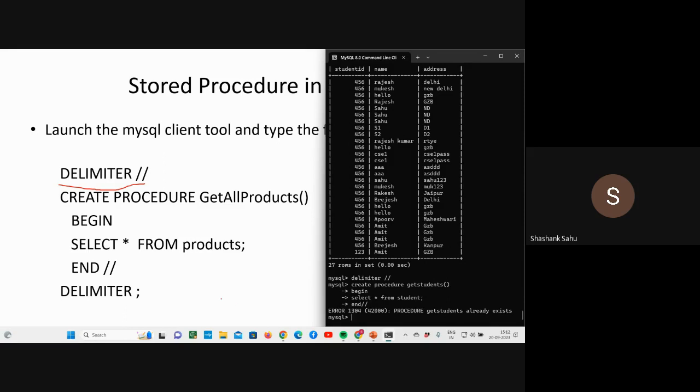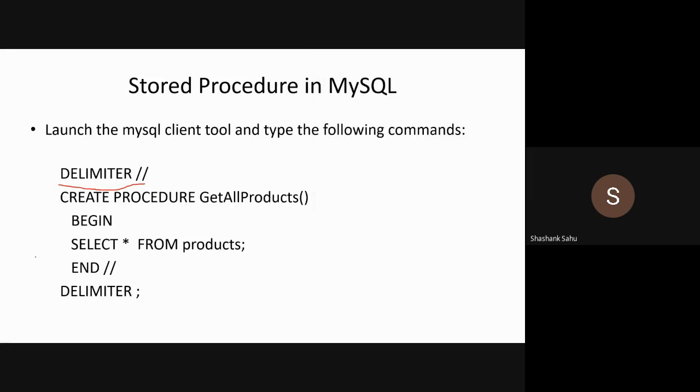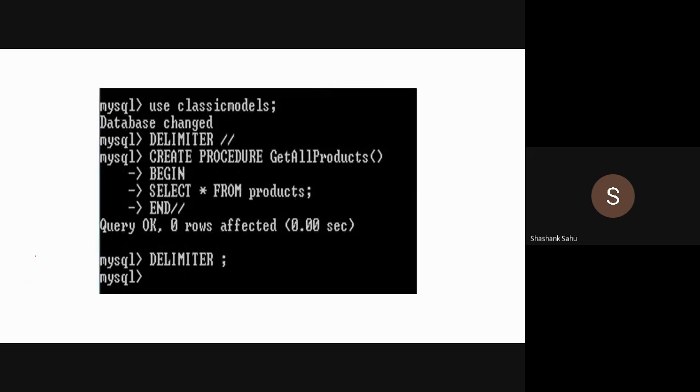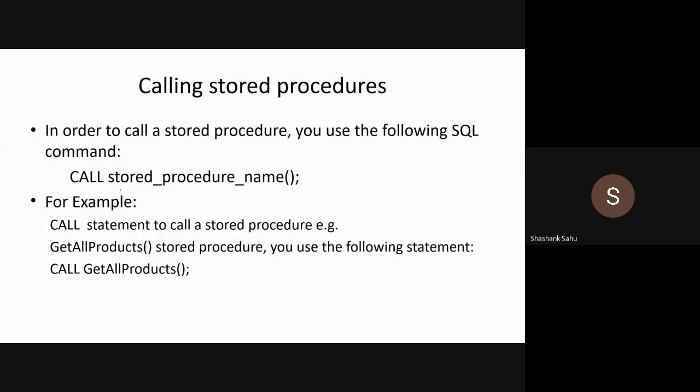So the next part is to call this procedure. This is the way we have created the procedure in MySQL. You can see first we need to change the delimiter, then create the procedure. The example in the slide is get all products, related to finding products. I have created the procedure related to student.